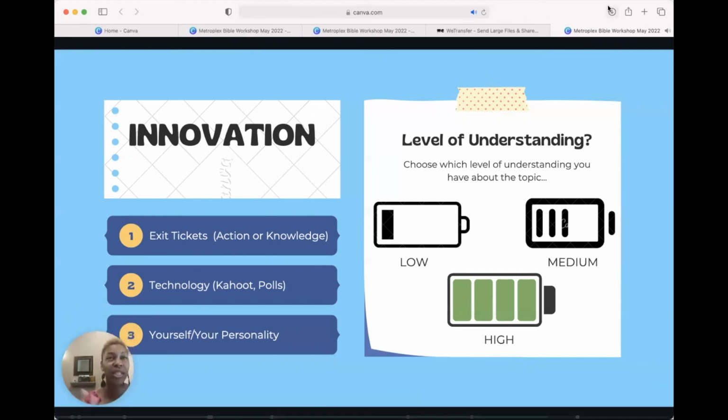There are polls that are a little bit more mature, but you still use your phone to respond to questions. It's not as big of a competition, but you still get that response, and the class can see what the rest of their classmates feel or think.